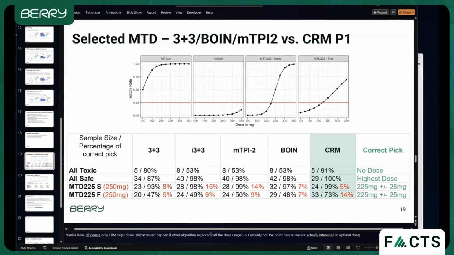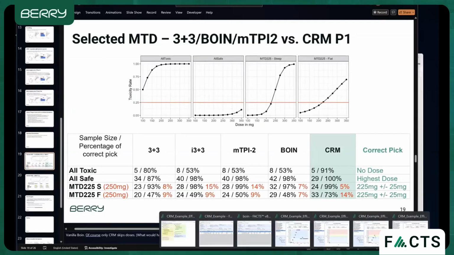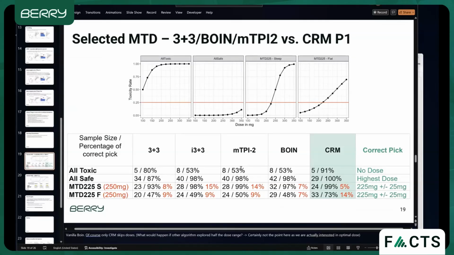So I have this phase 1, phase 2A CRM, where at some point I'm switching from the hunt for the MTD to the hunt for the MED. Comparing this to, say, a 3+3 or a Boyne that is happy stopping once it thinks it found the MTD wouldn't be a fair comparison.